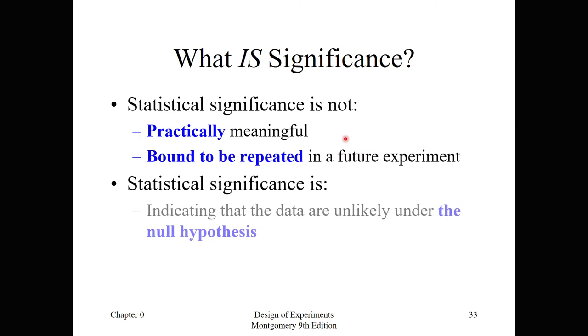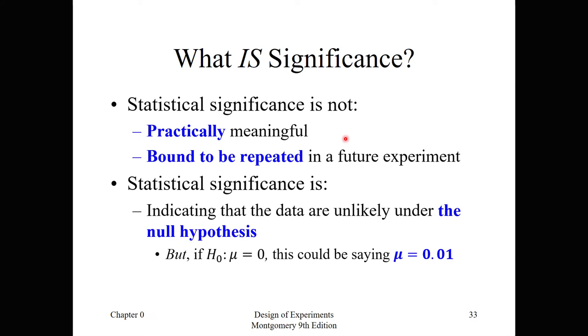So that's not what statistical significance is about. It's not about repetition. What statistical significance is, is a connection to the null hypothesis. It says that the data are unlikely under the null hypothesis. So this is important, but realize that the null hypothesis is a very specific value, very often 0.